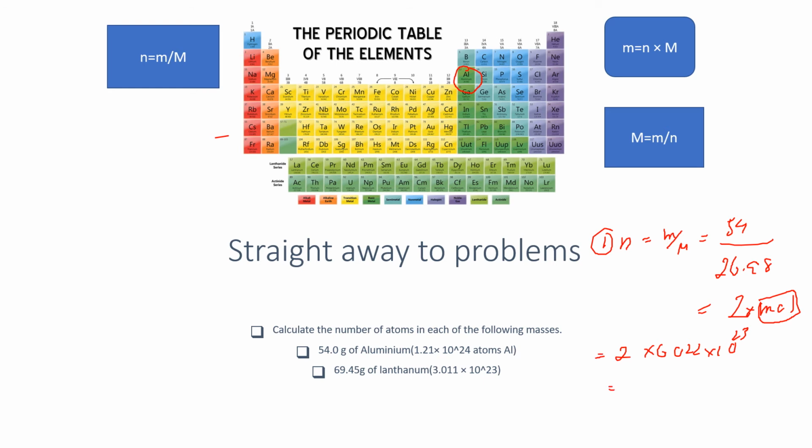That's come 6.022 times 2, 1.2044 10 to 24 atoms of aluminium.